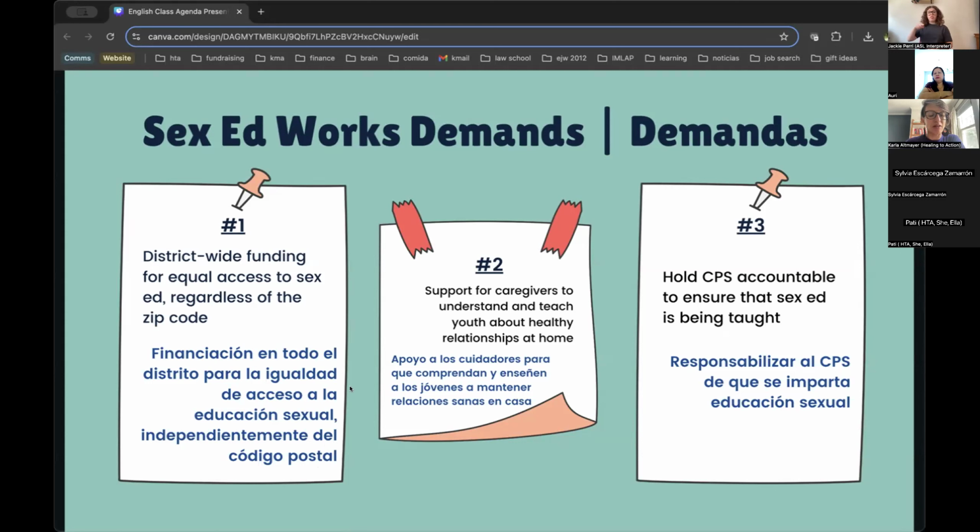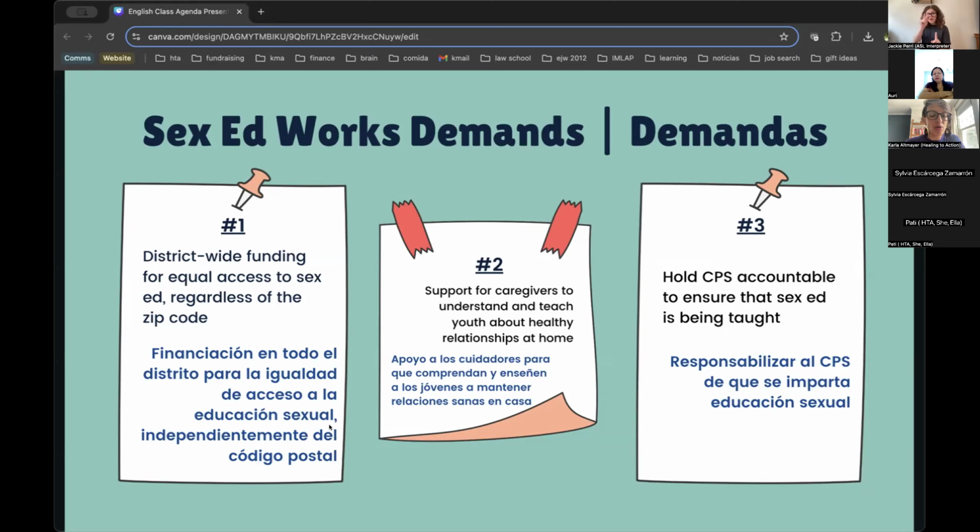And then the last demand is a voice to make sure that sex ed is taught in all of CPS. And what we mean by a voice is ensuring that there's accountability so that community members can hold CPS accountable to ensure that sex ed is being taught. Again, this is a mandatory policy that is not being implemented.